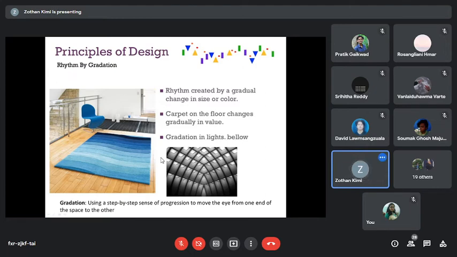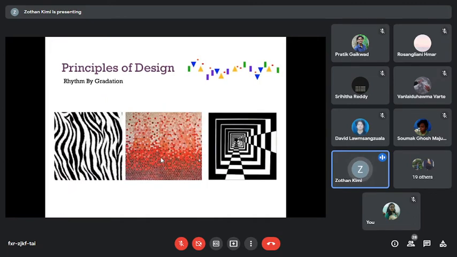I have a feeling maybe it doesn't show that in the presentation, but I can share the presentation. So it's darker towards the end, and it's lighter above. It becomes lighter and lighter, the intensity of the light. Does that explain your question? So that is how you create this rhythm by gradation.